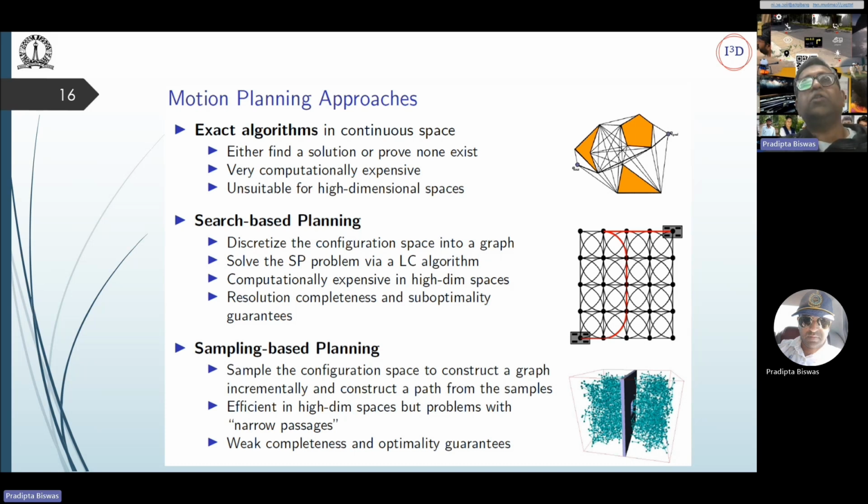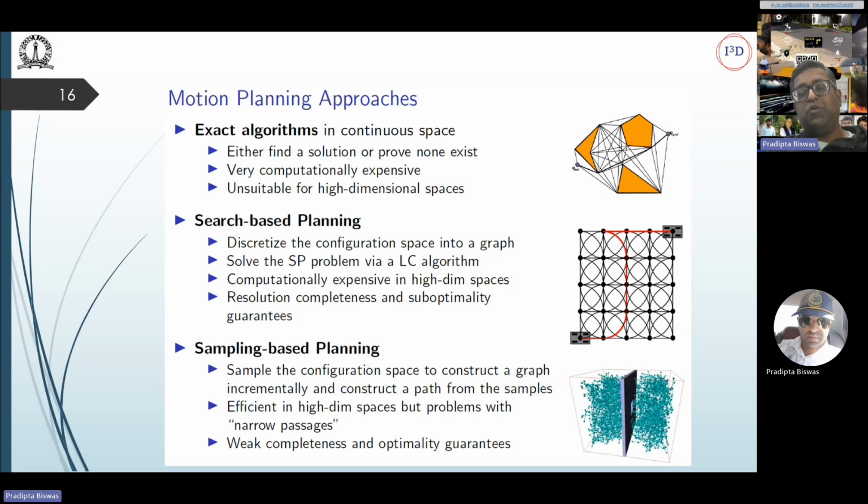Although in the slides we will visualize it in 2D, even if it is in 6D or higher dimensional space, by discretizing, we can use the same set of algorithms like DFS, BFS, Dijkstra, or value iteration within this discrete space, and that will solve our motion planning problem.